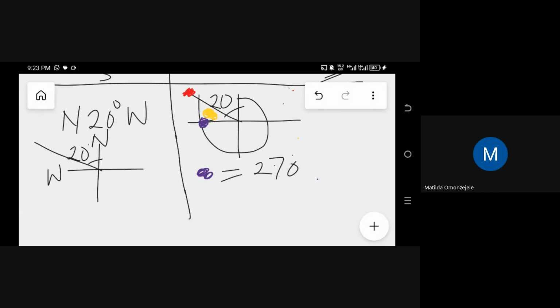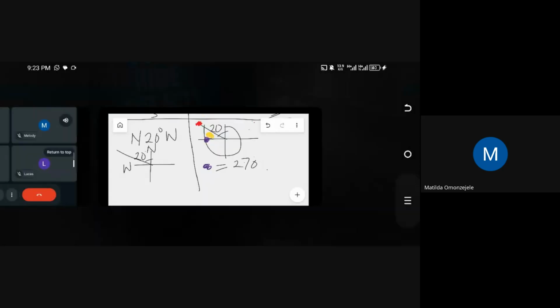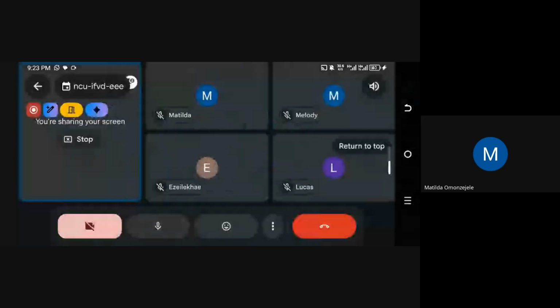But there's still an extra line before we get to that red, and we do not know what angle will be there. Now, Matilda has helped us to say that that small line from the purple to the red, that angle should be 70 degrees. So Melody, do you think that we should agree with Matilda?